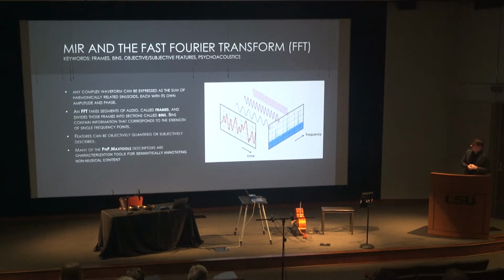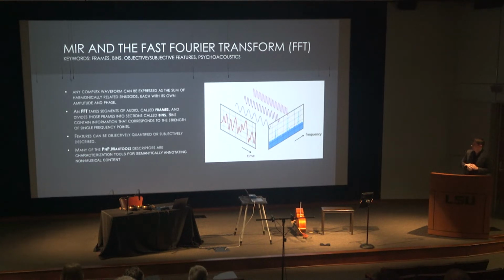And what the Fourier transform says is that any complex waveform can be expressed as the sum of harmonically related sinusoids, each with its own amplitude and phase. What this really means is that the way we're used to seeing audio signals, as in the image on the right, is actually the left portion of the image, the little square above time.